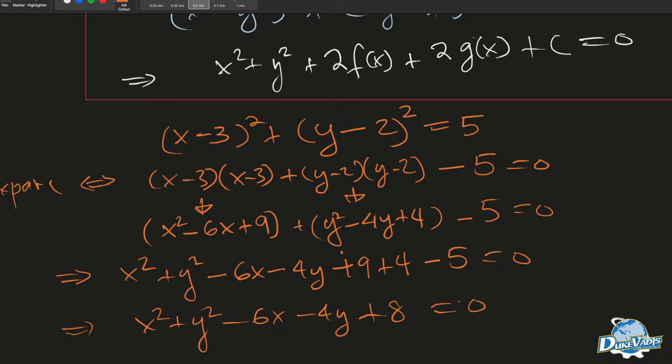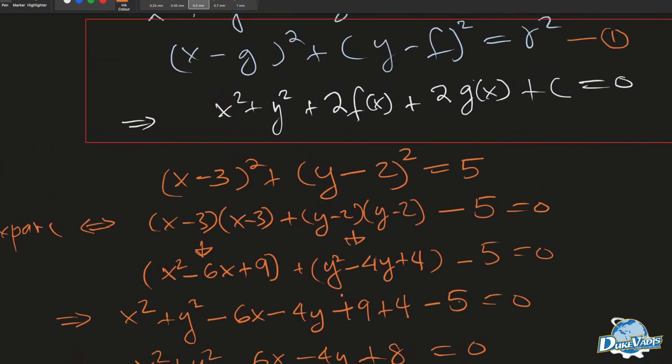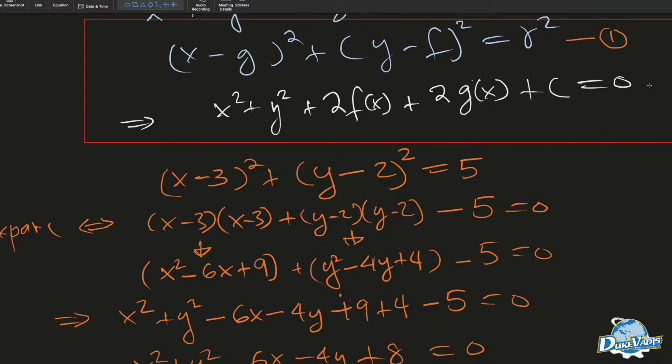Now I'm going to compare this equation, the last one, to this one.